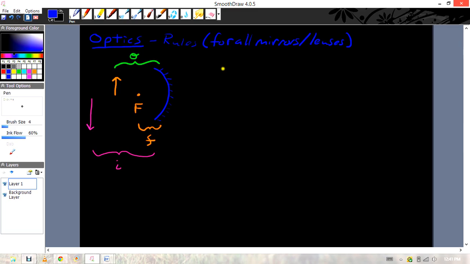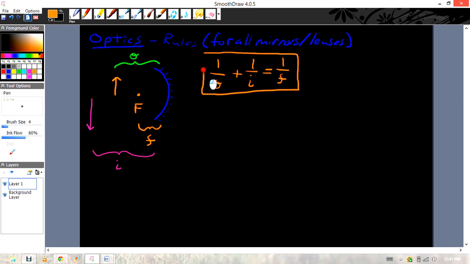Rule the first: the equation. It does not matter what units you are in as long as all of the units are the same. 1 over O plus 1 over I equals 1 over F. Definitely have this written down.